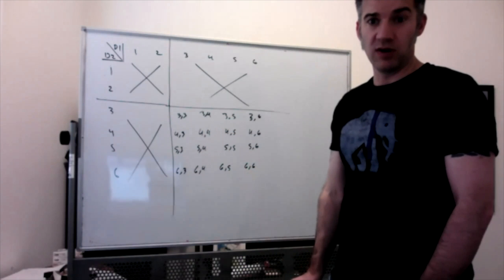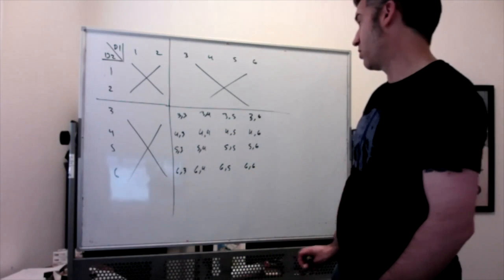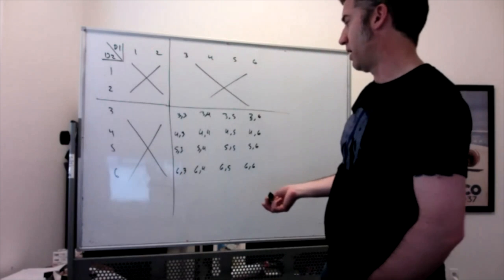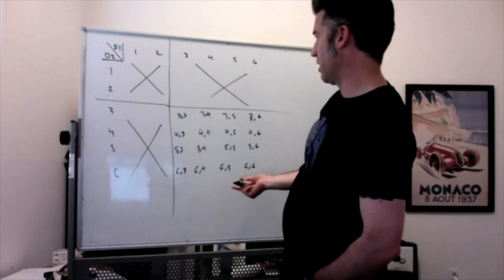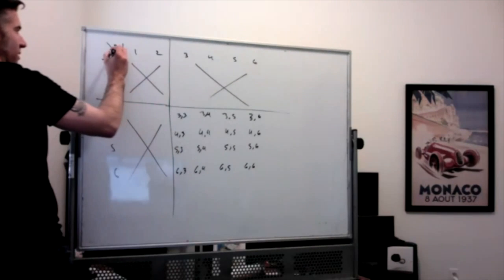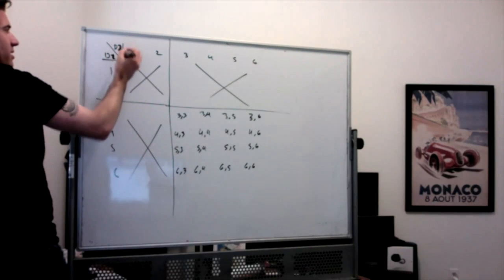That looks like my reduced sample space. So I want to know what the probability is. Let's say this is the first die and this is the second die.